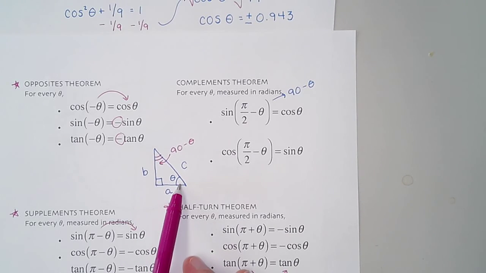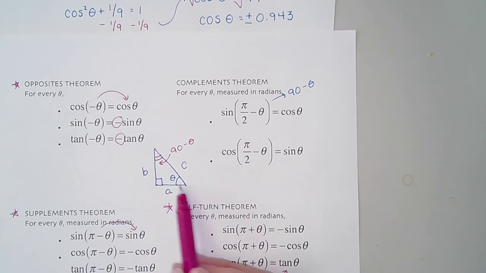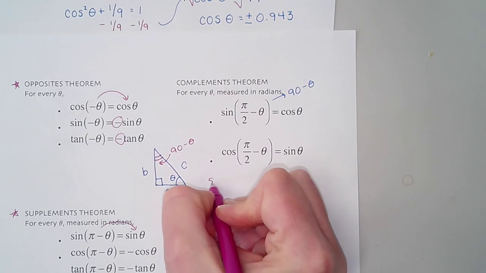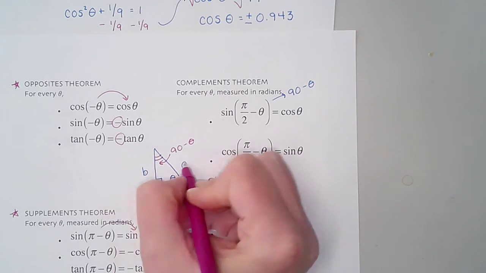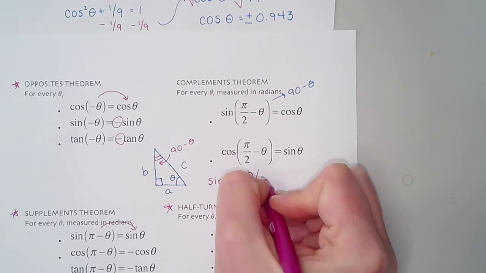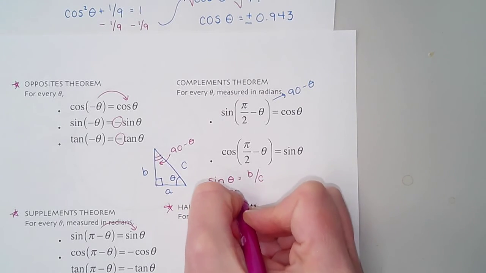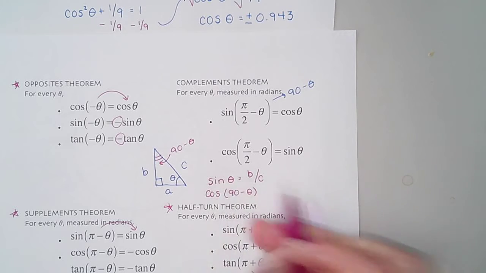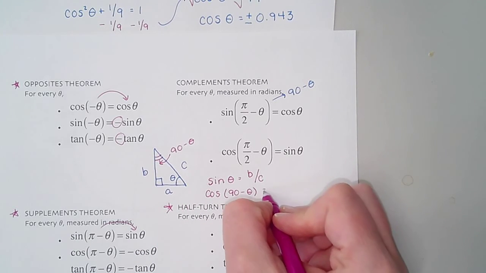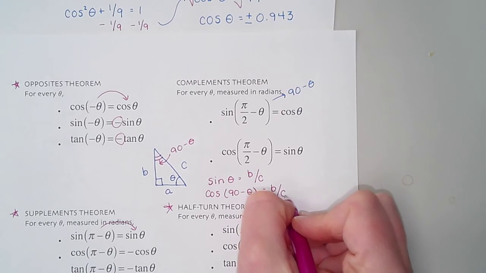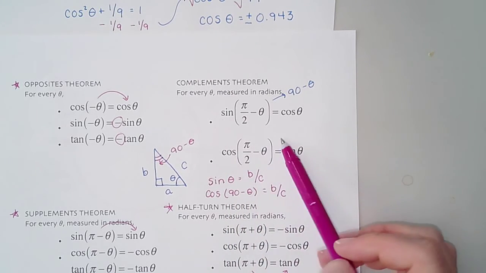And so the sine of this angle matches the cosine of this angle. So think about it. The sine of theta would be equal to B over C. The cosine of 90 minus theta, which is the complement, that's this angle, the cosine would be B over C. You've known about this relationship since you started doing trigonometry. Now we're just putting it in fancy math talk, okay?